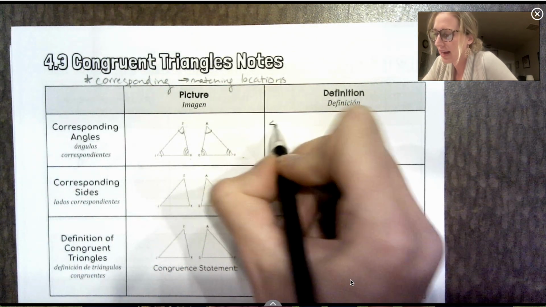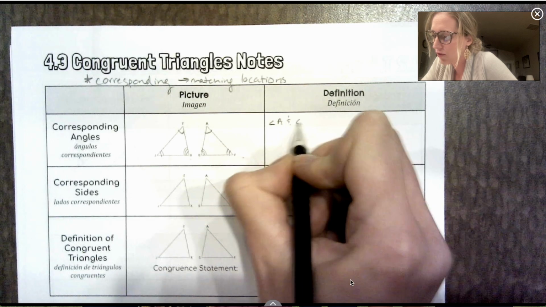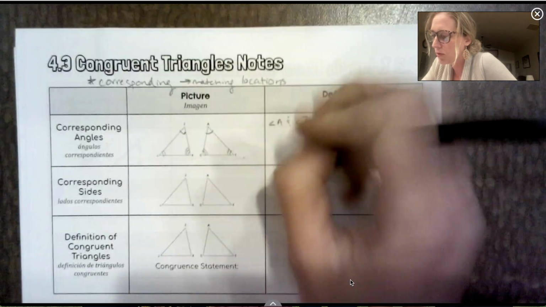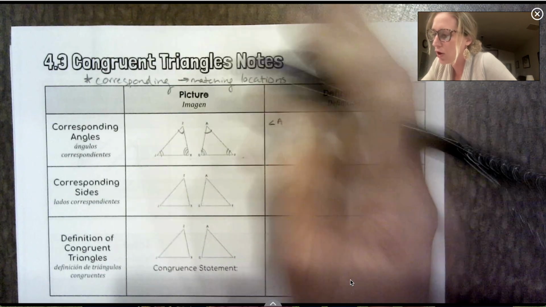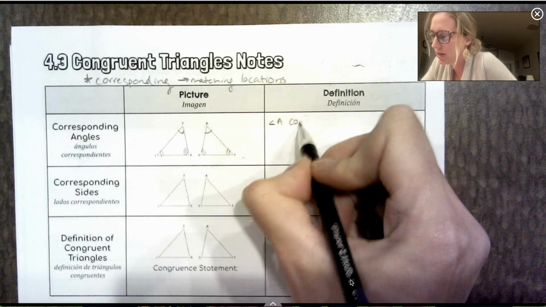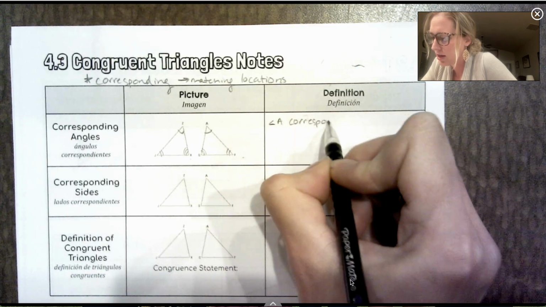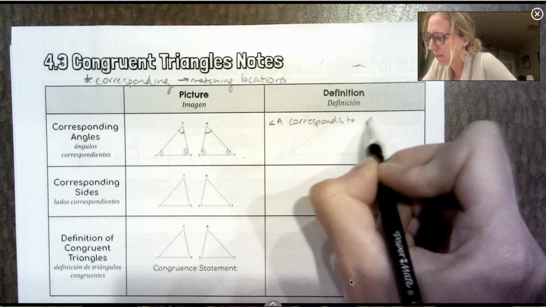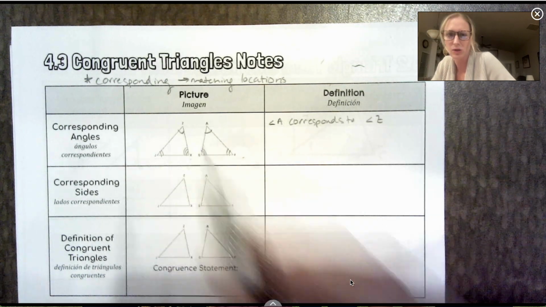And so Z and A are in matching locations. So we would say that angle A corresponds to angle Z. They're in matching locations with their respective triangles.